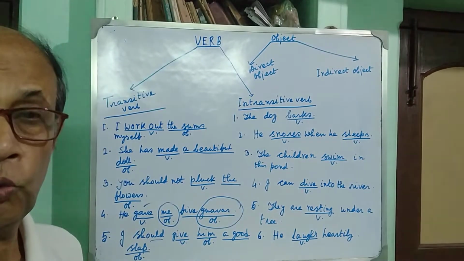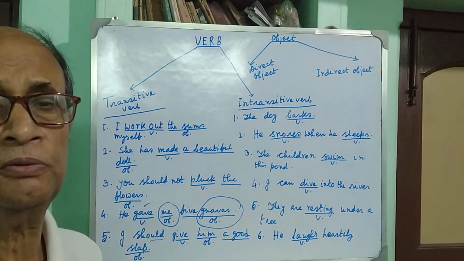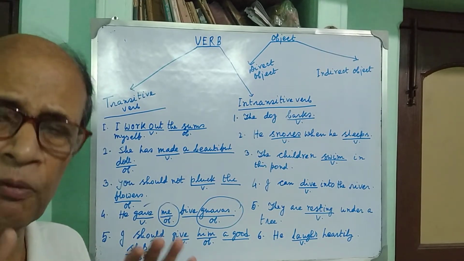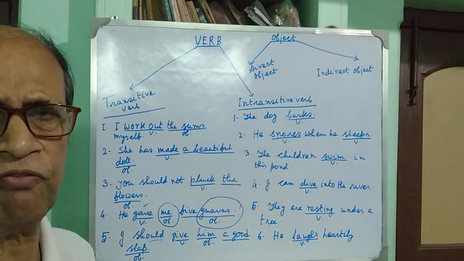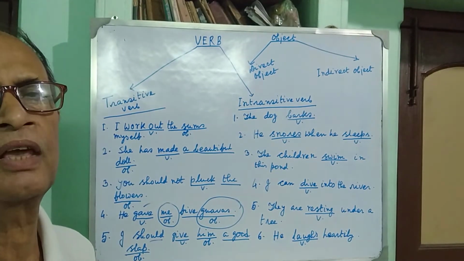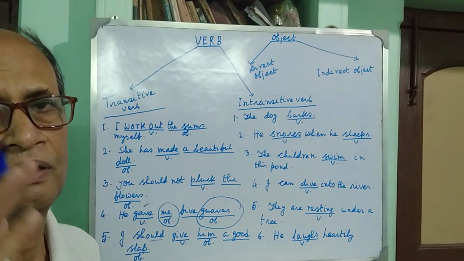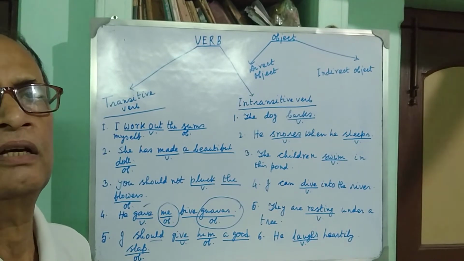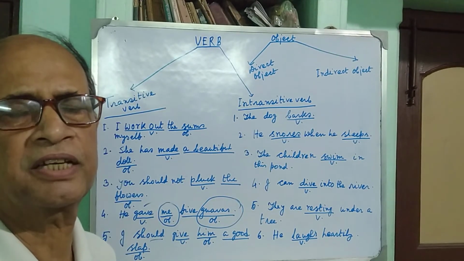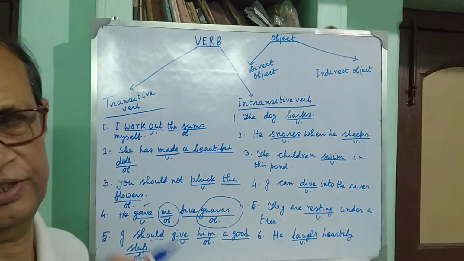So we must know how to identify an object in a sentence, because at the time of the change of voice from active to passive, we must transfer the object in the place of subject during voice change.